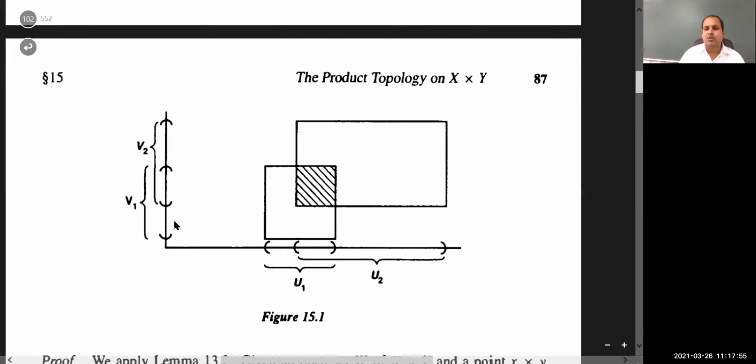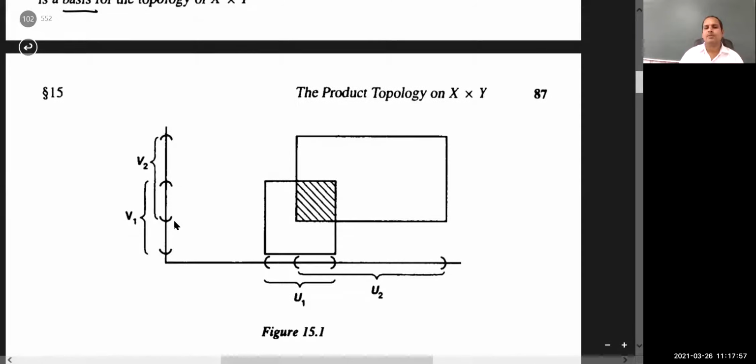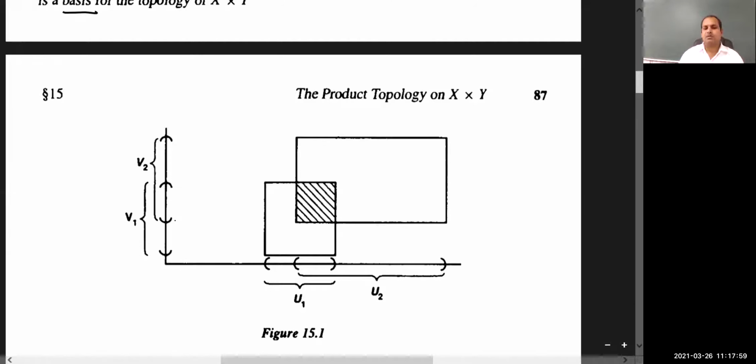So let us understand through geometry. Suppose this one is X and this one is Y. So taking Cartesian product, we have this whole plane, just for the pictorial representation here. Now suppose there is any open set U1. In case of R cross R, let me take this one as the x-axis and this one as the y-axis.